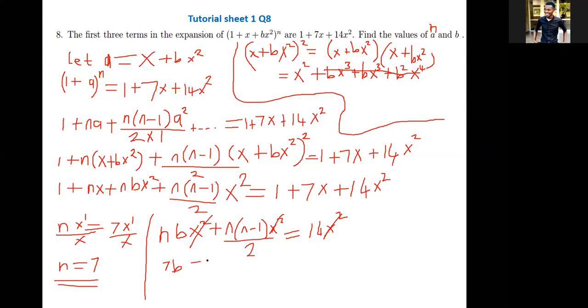So 7b is equal to, so I'll put 7 there, and then open brackets, 7 minus 1, which is 6, and then everything divided by 2 equals 14.